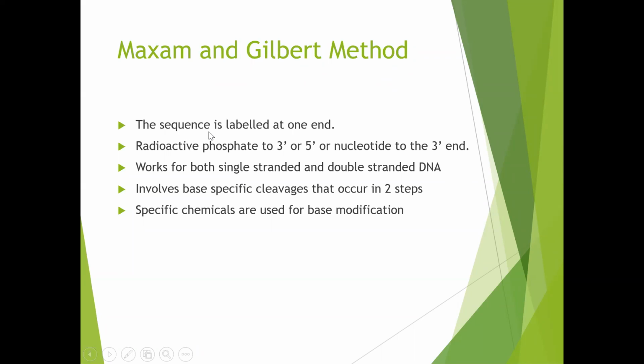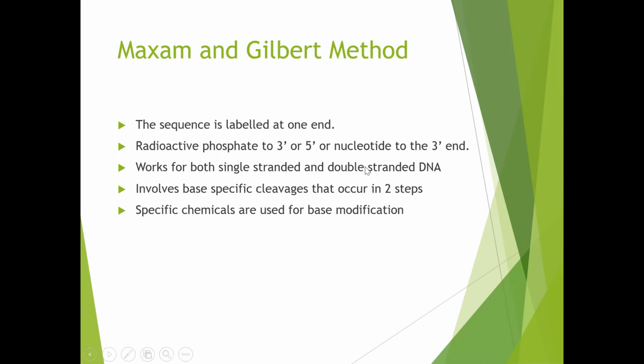In this technique, first the sequence that is to be sequenced is labeled at one end. That labeling can be done with radioactive phosphate either at the 3' end or at the 5' end.